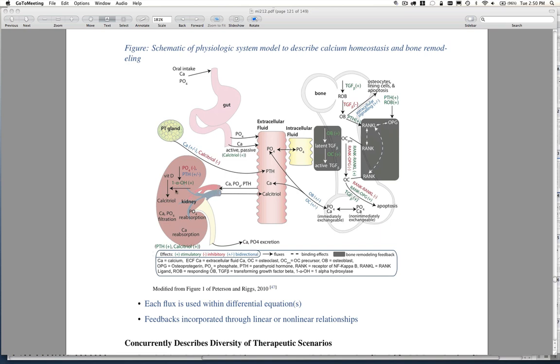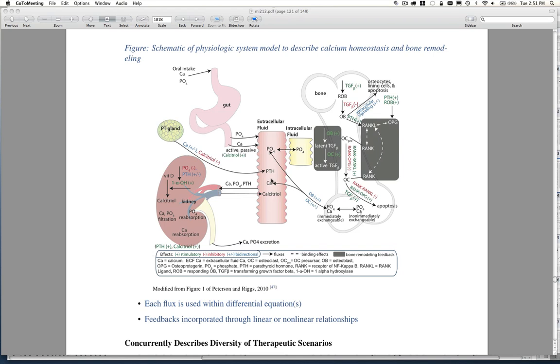Calcitriol comes in through vitamin D, converted in the kidney with 1-alpha hydroxylase. There's feedback for calcium and calcitriol to the parathyroid gland to affect how much parathyroid hormone is released into circulation. Parathyroid hormone is really one of the main regulators, if you will.